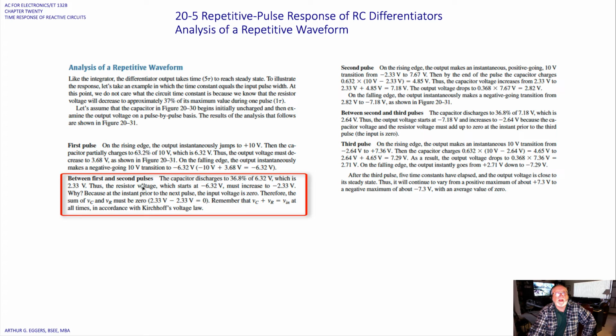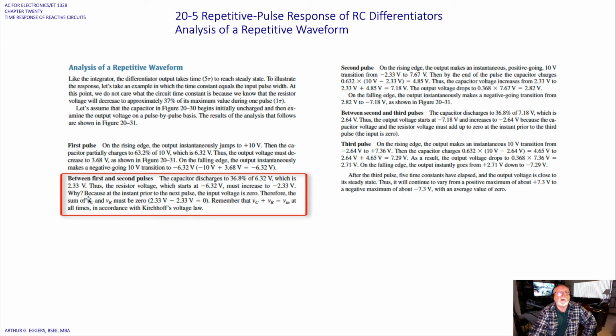Between the first and the second pulses, the capacitor discharges to 36.8% of 6.32 volts, which is 2.33. Thus, the resistor voltage, which starts at minus 6.32 volts, must increase to minus 2.33 volts. Why is this? Because the instant prior to the next pulse, the output voltage goes to zero.